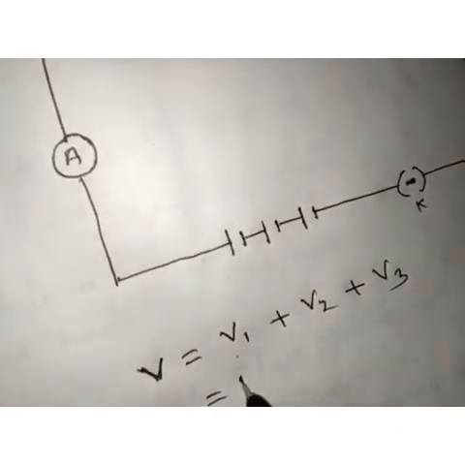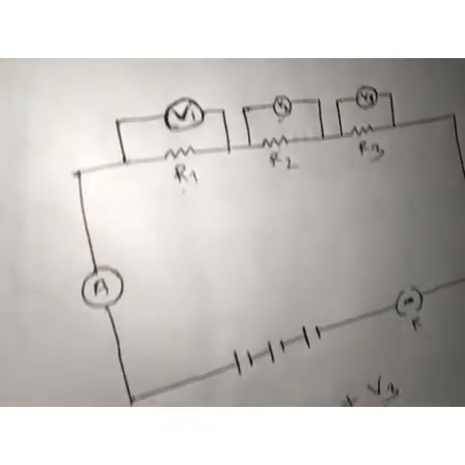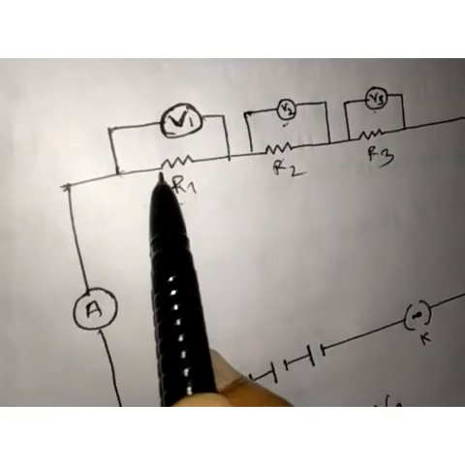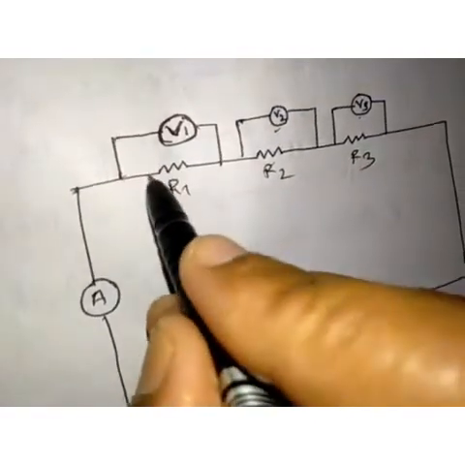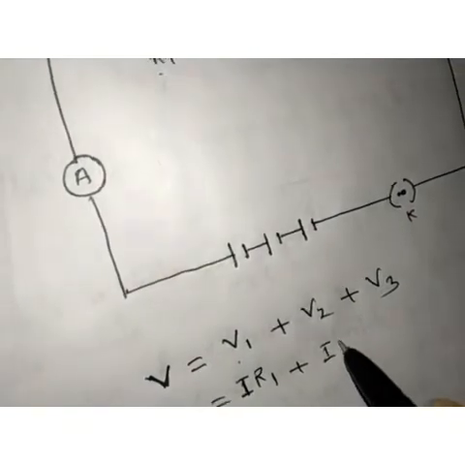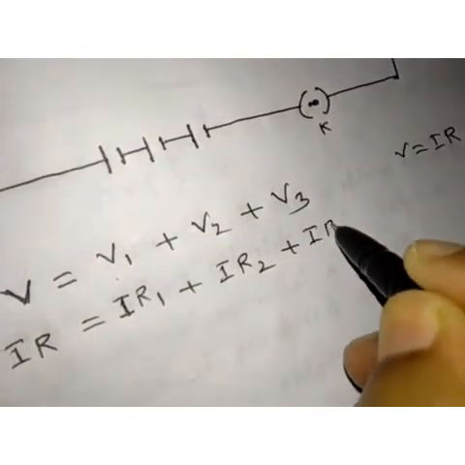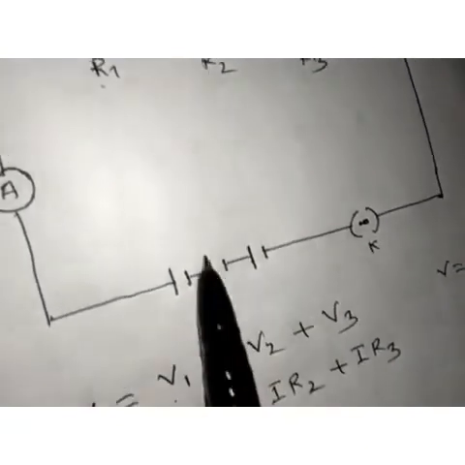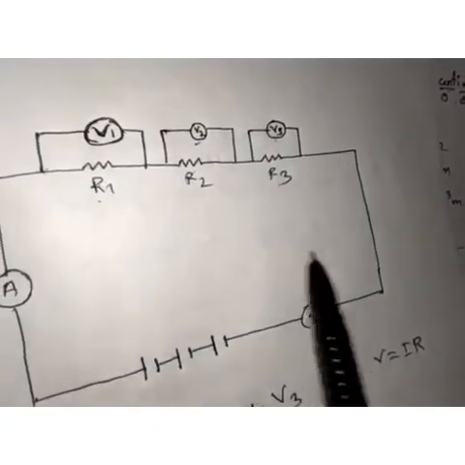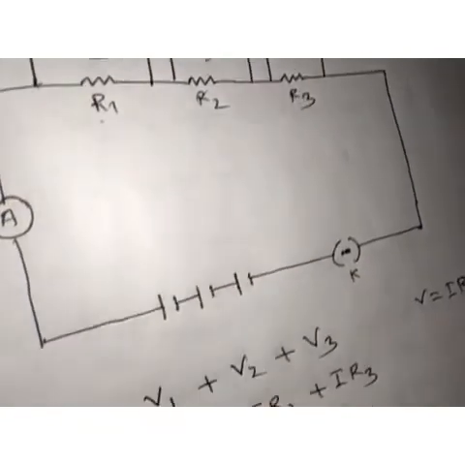So IR1, that means through the resistor R1 only current I will pass. Then here also IR2 and IR3, because this is in series connection. In series connections, the same amount of current is flowing throughout the circuit.